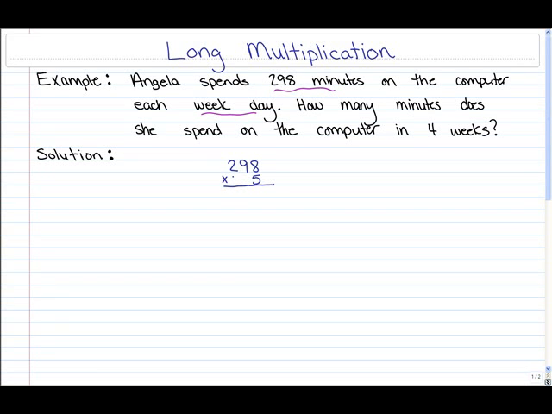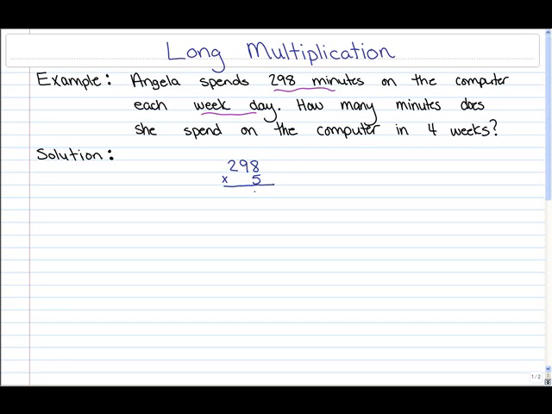So we write the 5 under the 298, so the 5 is aligned with the 8. Now this number on top, the larger number 298, is called the multiplicand, whereas the number down below, the 5, is called the multiplier. To perform a long multiplication, what we do is take the last digit of the multiplicand, which is the 8, and we multiply it by the multiplier, which is the 5.